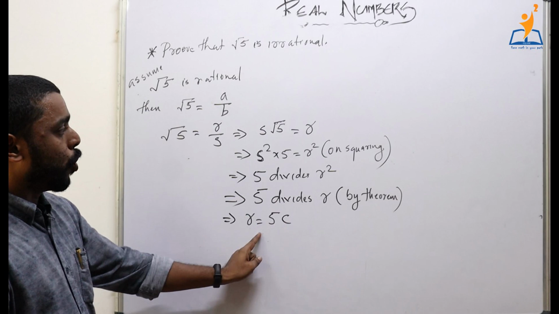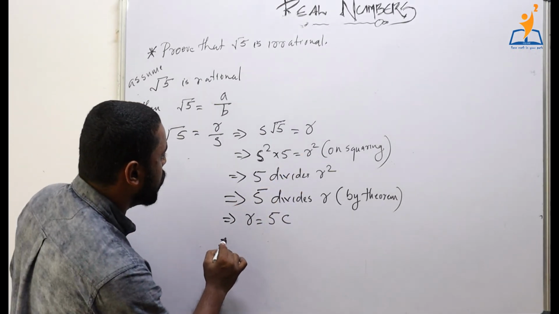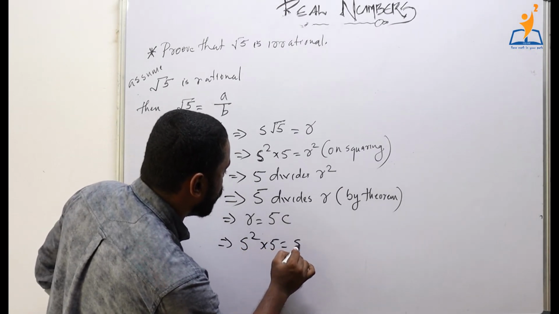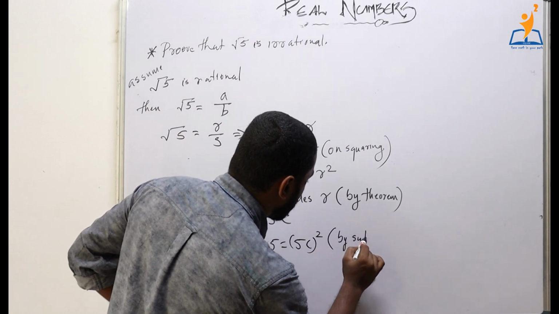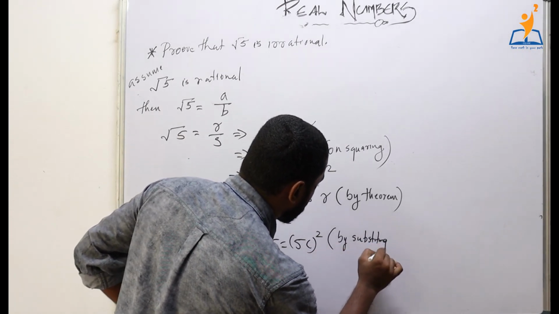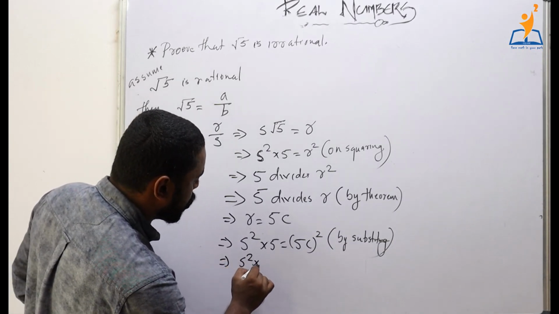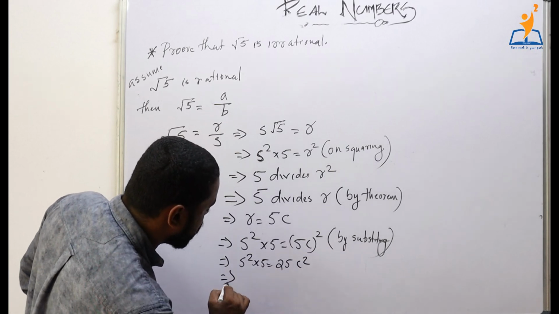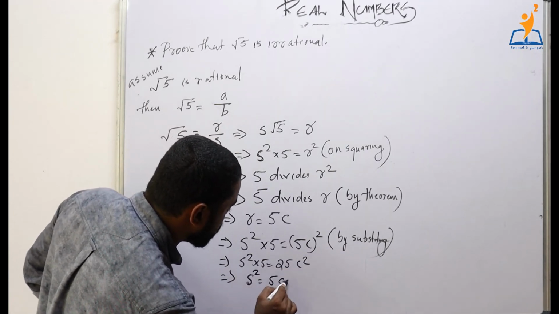Now we are going to substitute this value of r here. So we have s square into 5 equal to 5c the whole square, by substituting. Which implies s square into 5 equal to 25c square, which implies s square equal to 5c square.